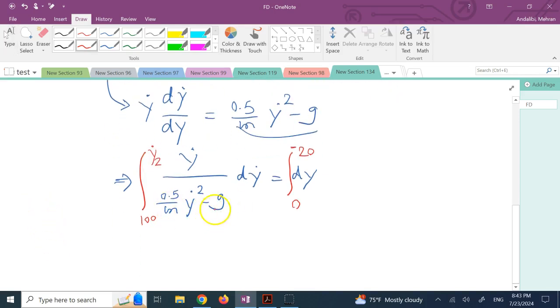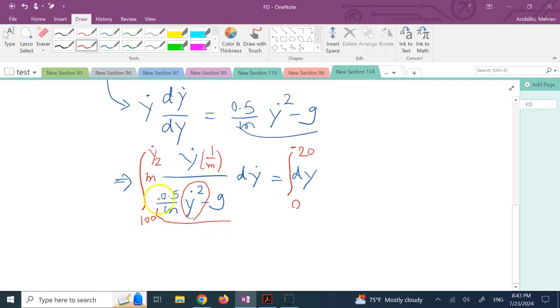And clearly, if you look at this, the derivative of y dot squared is 2y dot. So if you multiplied this by 1 over m, which is 2 times 0.5 over m, that is exactly the derivative of denominator. So you can multiply by m and multiply by 1 over m.